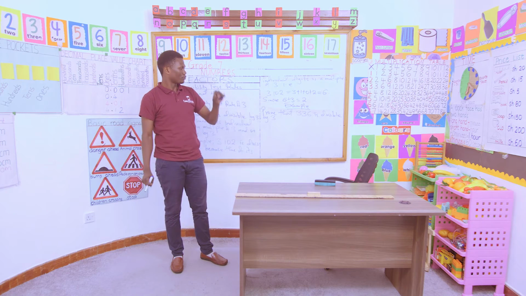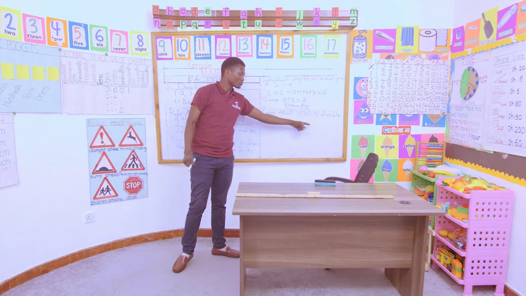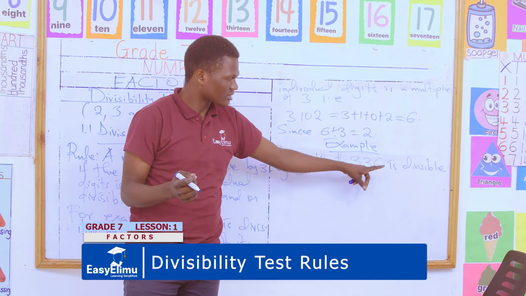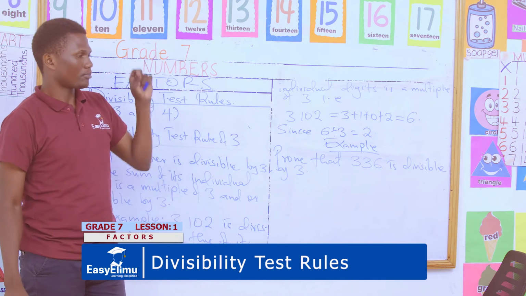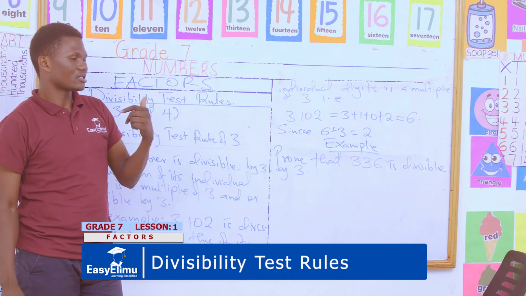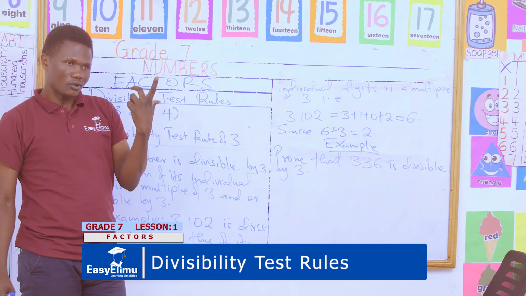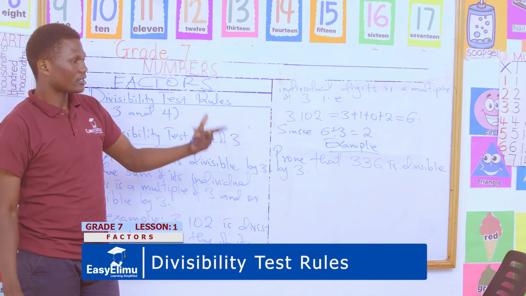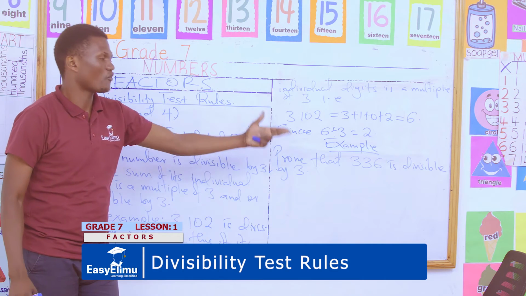When you are asked to prove whether a certain number is divisible by a given number, in this case, we are supposed to prove whether 336 is divisible by 3. You are supposed to show that proof by applying the divisibility test rule. So you can alternatively define or state the divisibility test rule, or rather, you can go ahead and perform it.